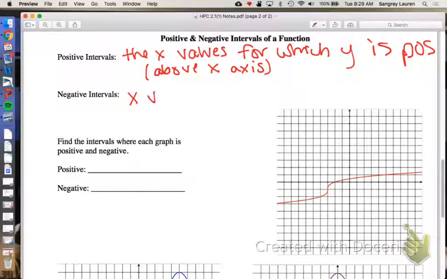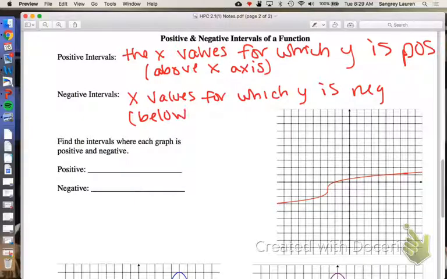which means your negative intervals are the x values for which y is negative, which means our graph is below the x-axis if our y values are negative.